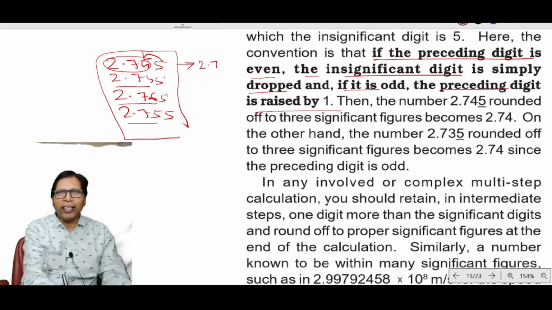This is 2.74. Now before 5 there is an odd number, so one addition takes place. So this also equals 2.74.